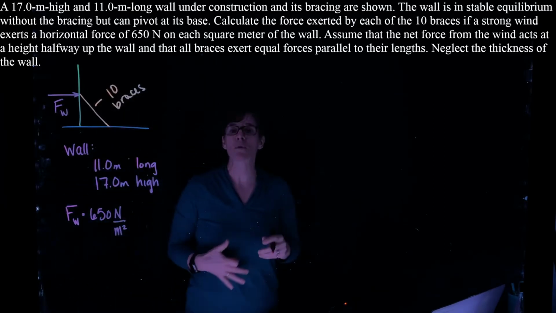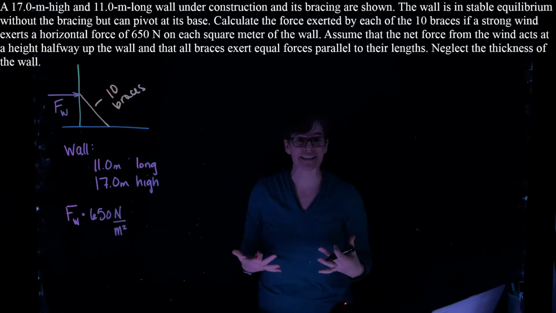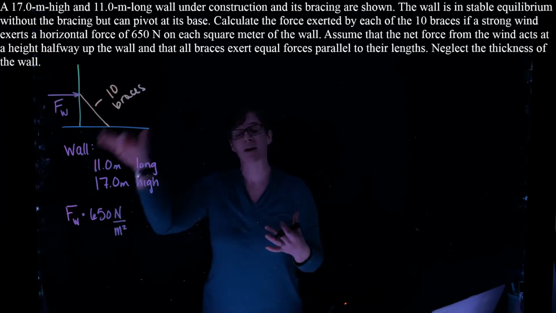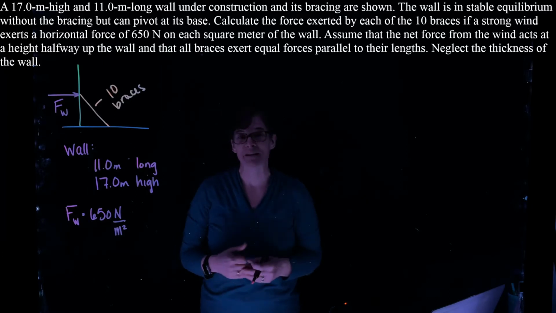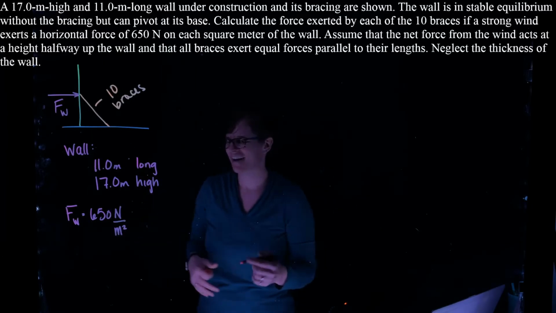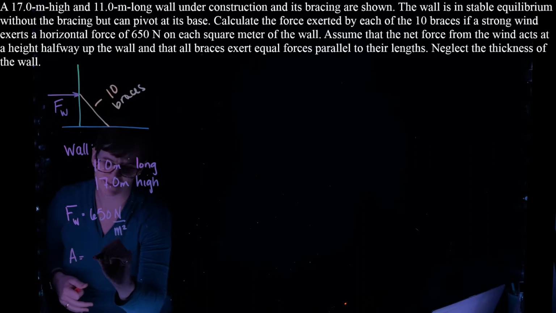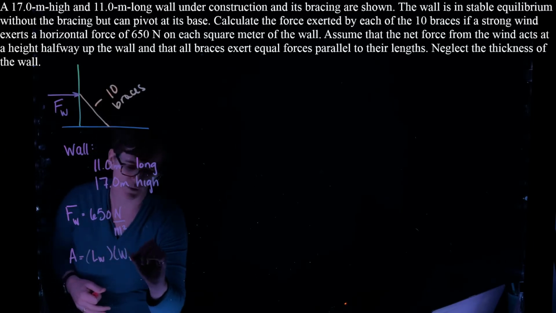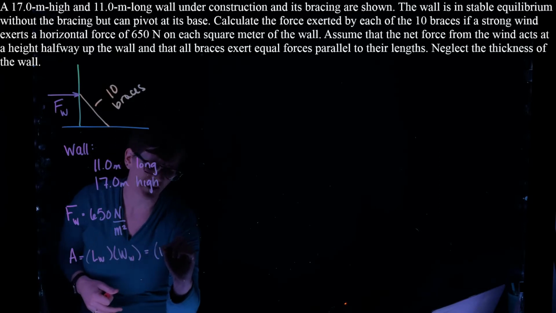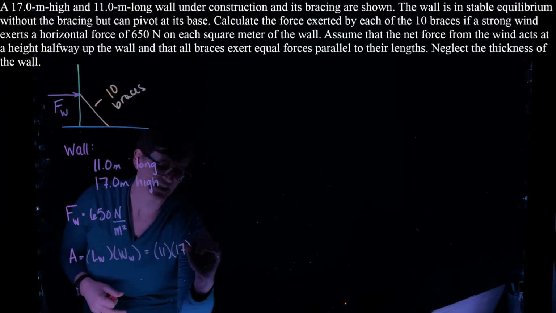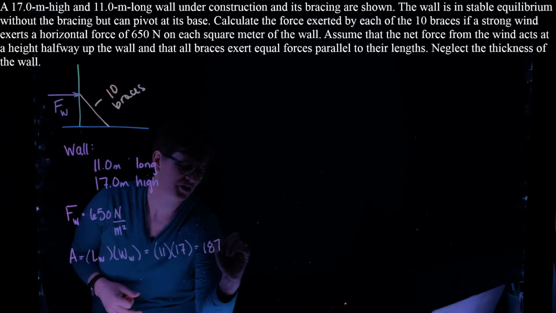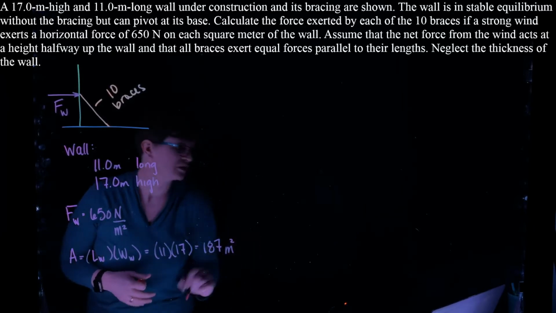All right, so we're told that the force of the wind is 650 newtons per square meter. So we need to know what the total force of the wind is. In order for us to do that, we've got to know what the area of that wall is. So the area of the wall is the length of the wall times its width. So that's 11 times 17, and we get an area of 187 square meters.